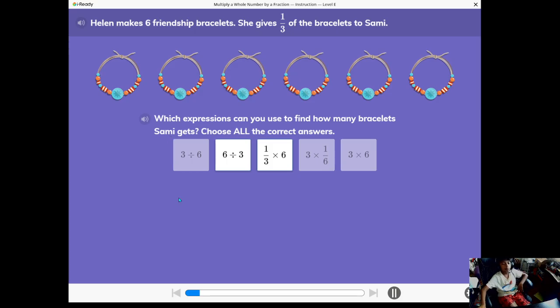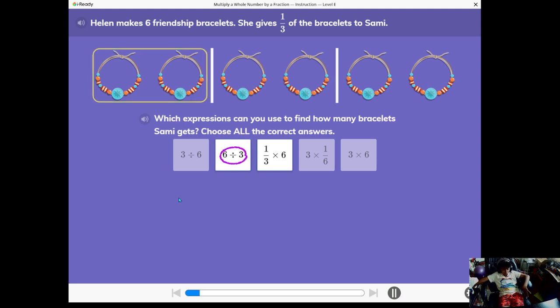You can use either of these expressions to solve the problem. Helen gives 1/3 of her 6 bracelets to Sammy. That is the same as dividing 6 bracelets into 3 equal groups and giving Sammy one of those groups.